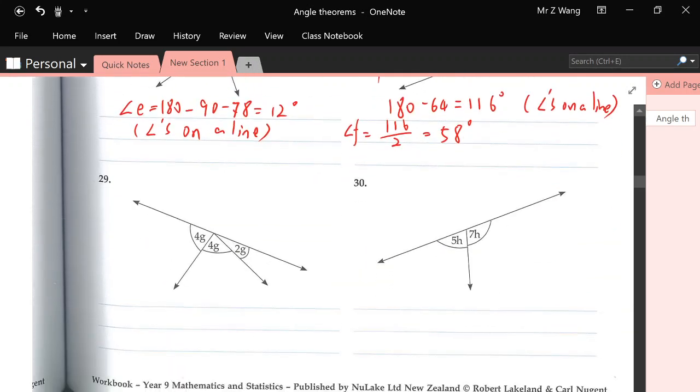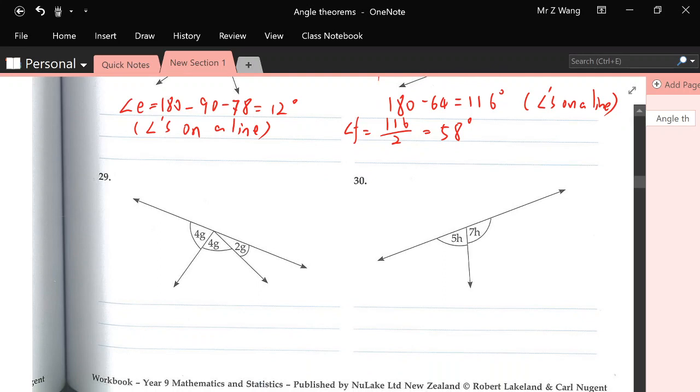Now, this is figured out the same way. Think about three angles sharing 180, but we have to use a little bit of algebra. What that means is one angle is 4G, and one angle is 4G, and one angle is 2G. They add up to 180.